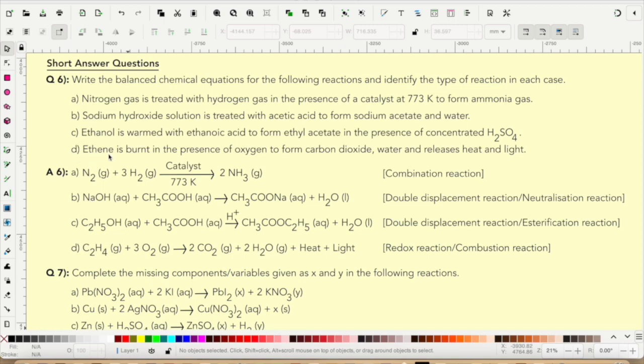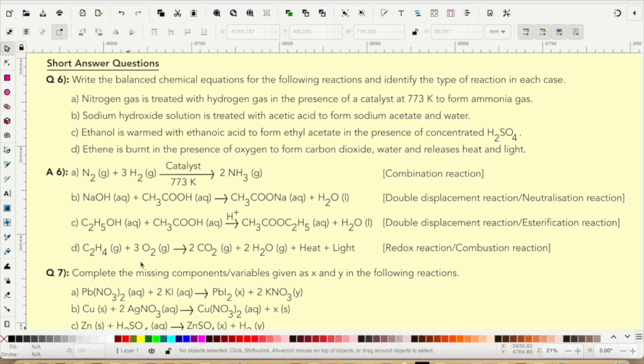Last reaction is ethene is burned in the presence of oxygen to form carbon dioxide, water, and releases heat and light. Balanced chemical equation is given as C2H4 plus 3O2 gives 2CO2 plus 2H2O plus heat and light. This is redox reaction as well as combustion reaction. Let us see how.